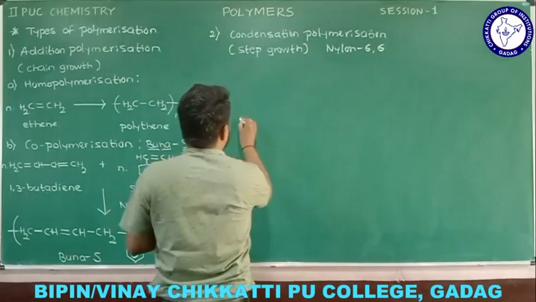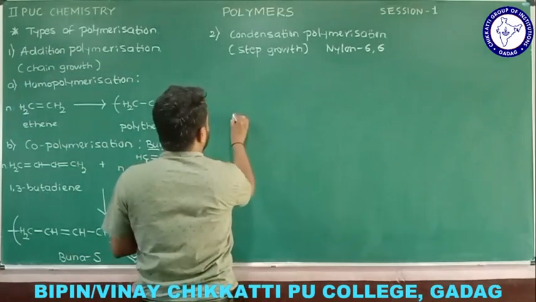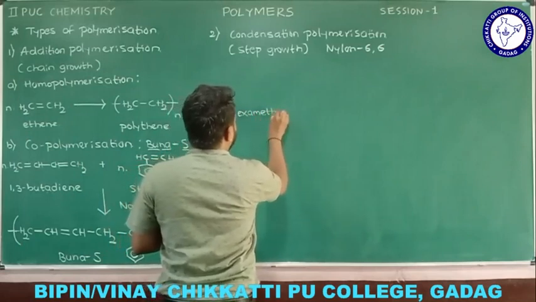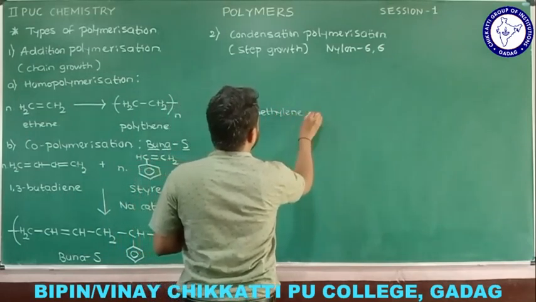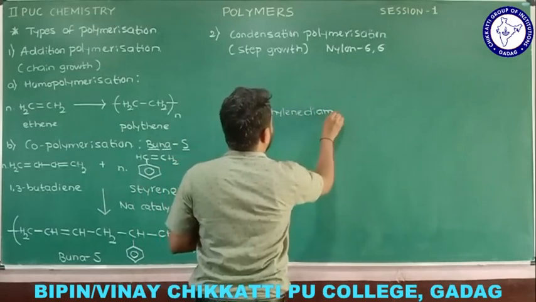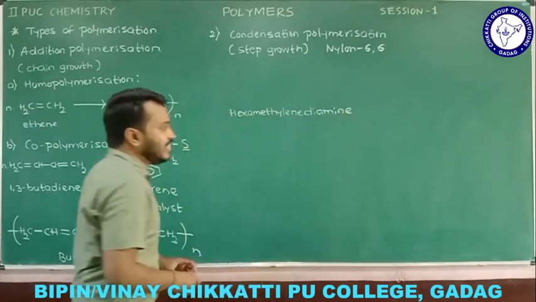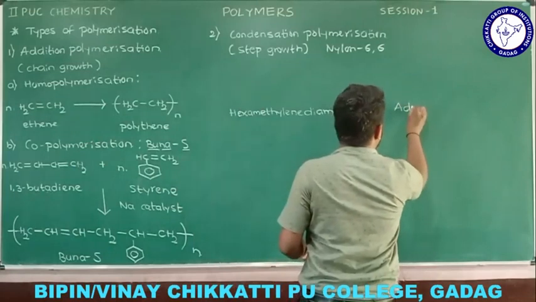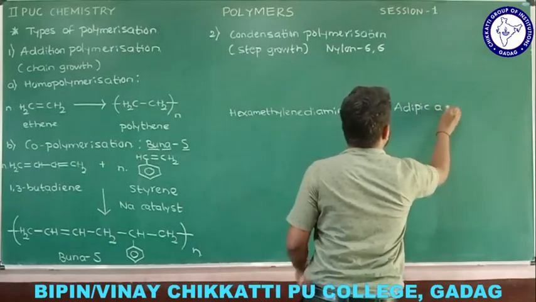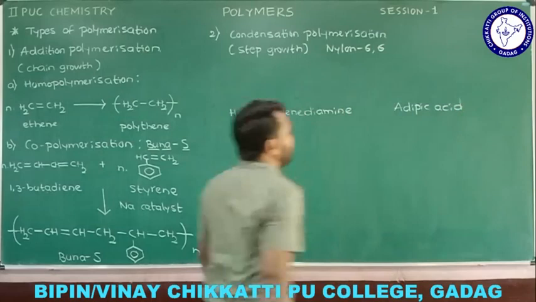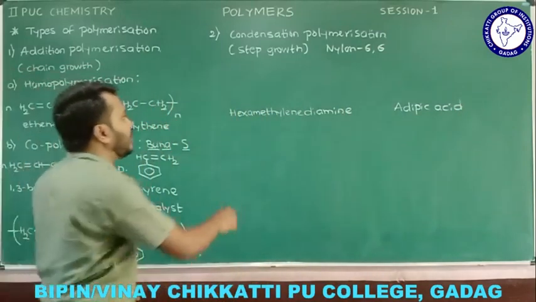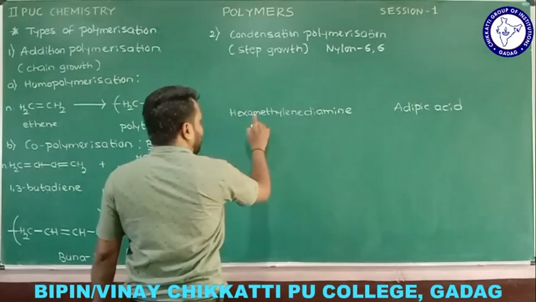So the first monomer I am going to write here in case of nylon 6,6. The first monomer will be hexamethylene diamine, and the second monomer will be adipic acid. So we'll try to write the structure of this one.